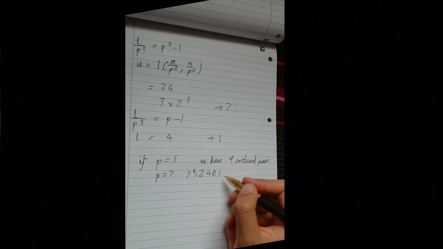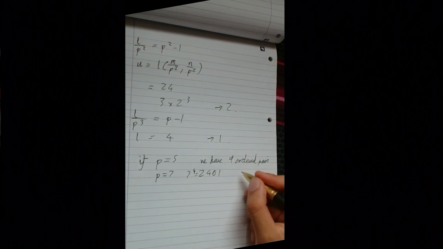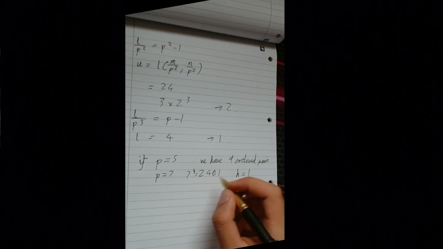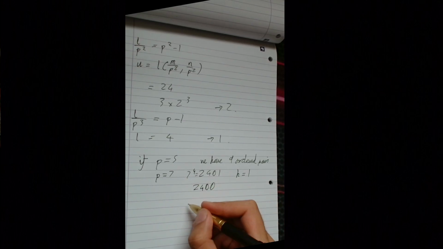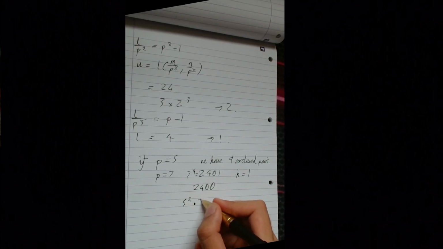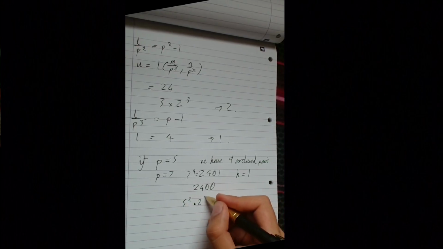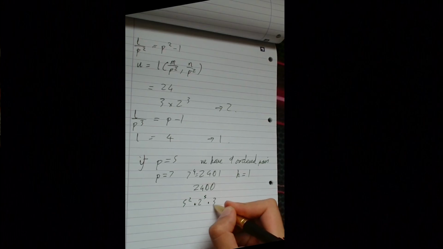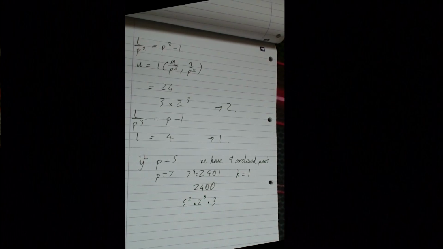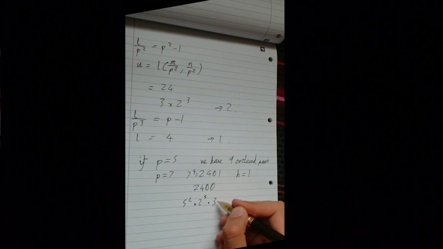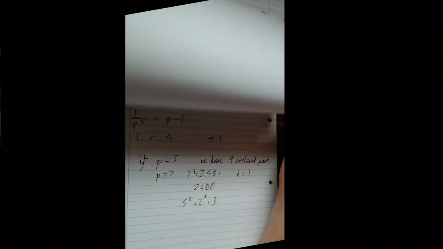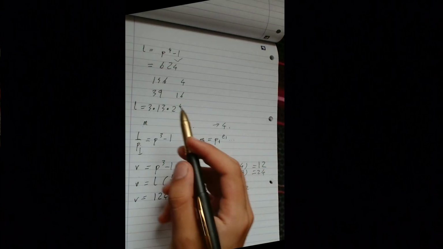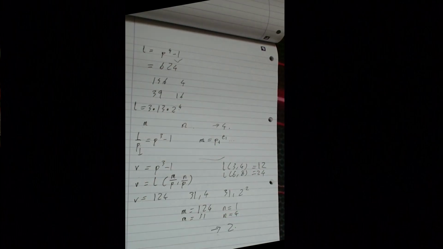So that means immediately we're going to try the case of h equals 1. So that means we've got 2400 that we need to factor. Of course, 5 squared, 2 to the 5, I think, and 3. This is also 3 prime factors immediately. And the thing I want you to notice, right, is if we look back to the prime factors we ended up with, 3, 13, 2, and 4, right?